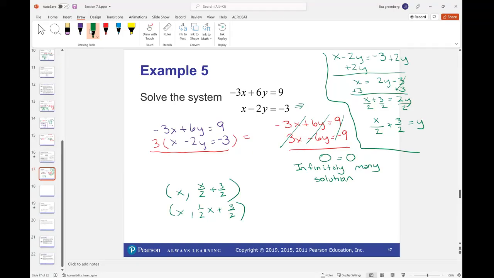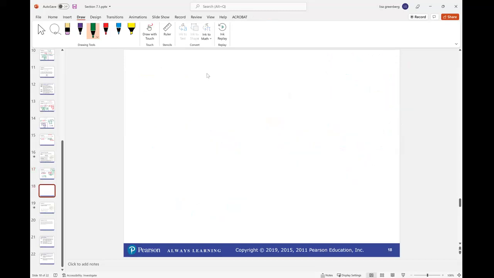So I wanted to show you how to do this, but then one more thing I wanted to show you. So here I can look at this, and let's go to this page. I wanted to show you that sometimes the easiest thing to do before you start is to see if there's anything that I can factor out of every single term. And I noticed that if I have -3x plus 6y equals 9, I can factor a 3, right?